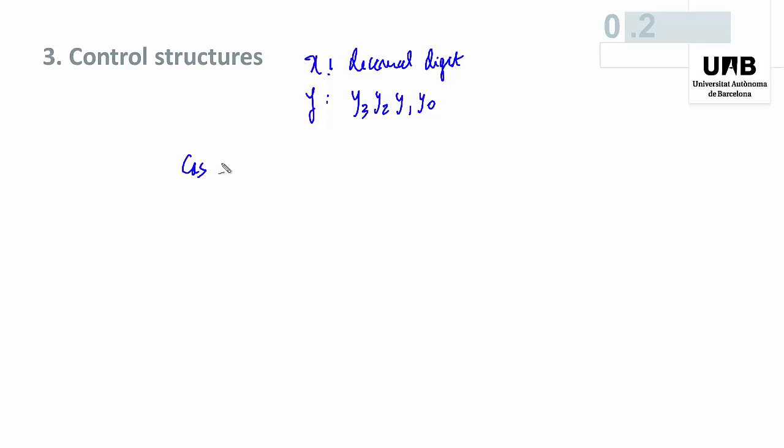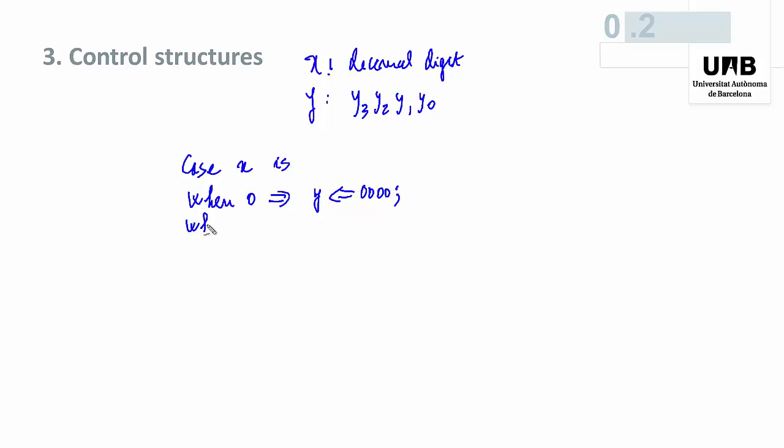Case x is, then all the cases are: when 0, then y will be equal to 0, 0, 0, 0.